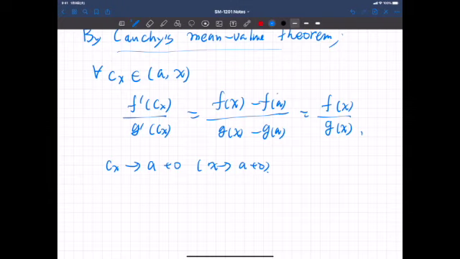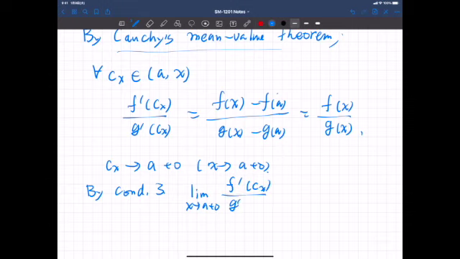Okay, and by condition 3, this limit, as x approaches a from the right, of f prime c x over g prime c x exists, right? Because if x approaches a from the right, c x approaches a from the right. And by condition 3, this ratio must converge.